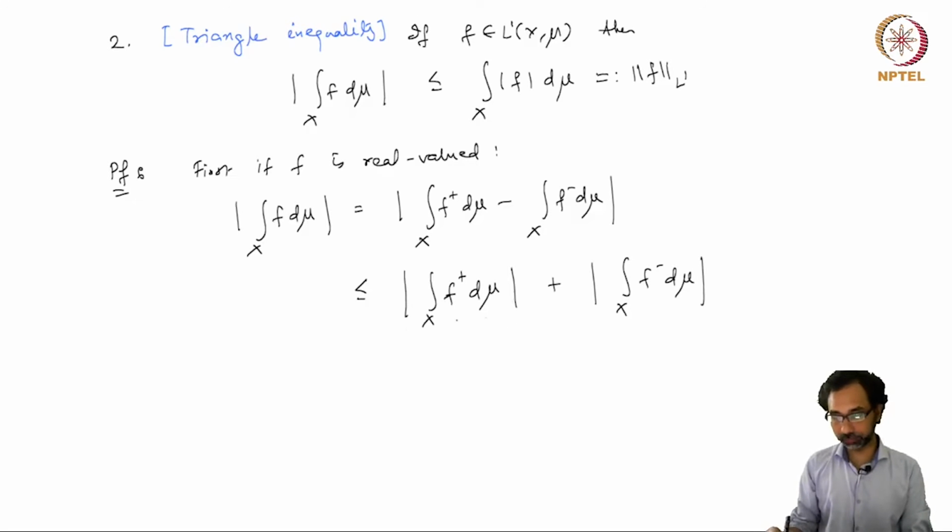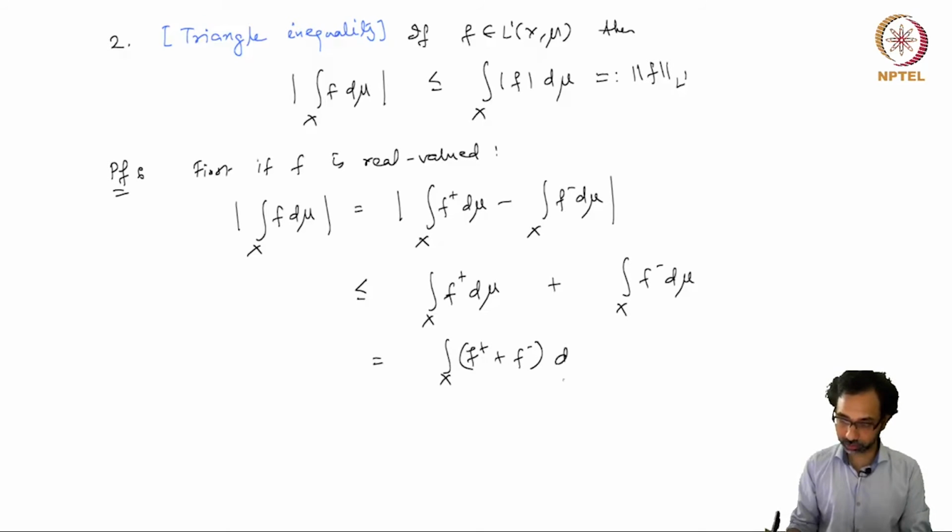But note that these two are already positive, so you can remove the modulus because they are both positive, and so this is equal to the integral of f plus plus f minus d mu, and this is nothing but mod f. So this is equal to the integral of mod f d mu.